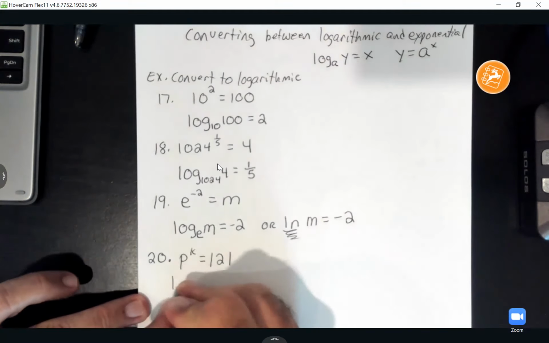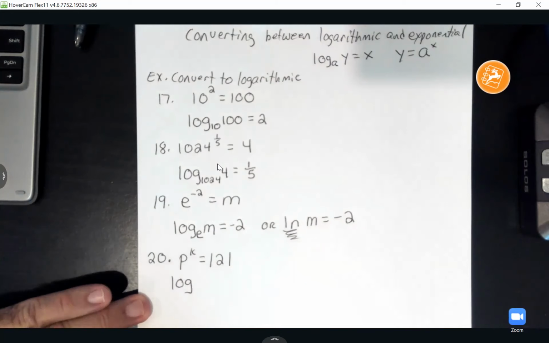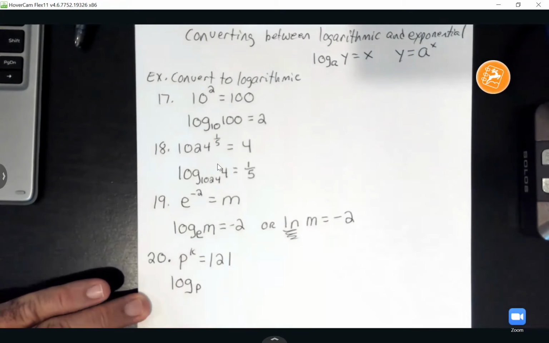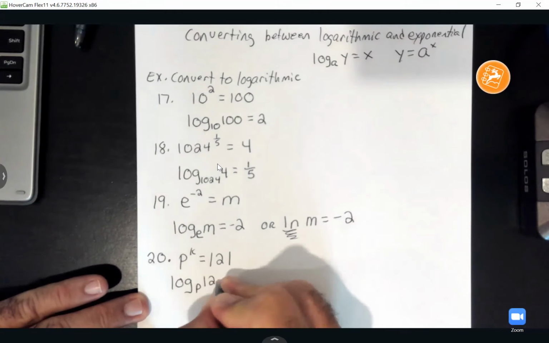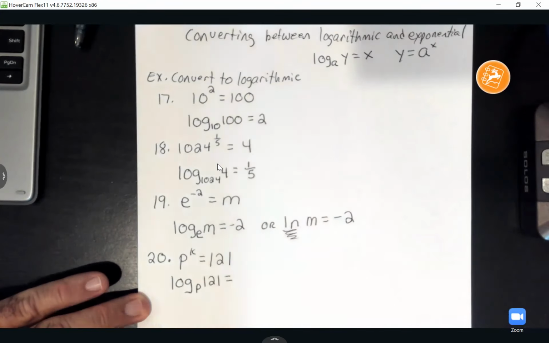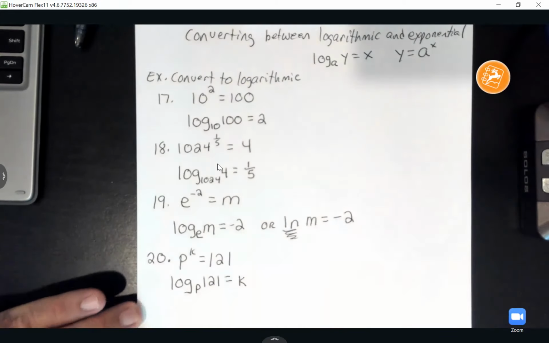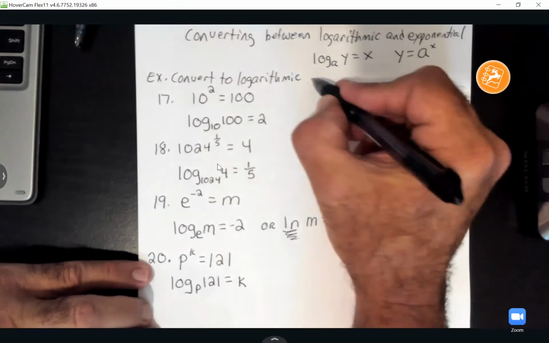All right, let's do this one. We're going to write a log. I need my base. Base is P. All righty. The result is the 121, and that equals my exponent of a K. So remember, converting to logarithmic, use this right here.